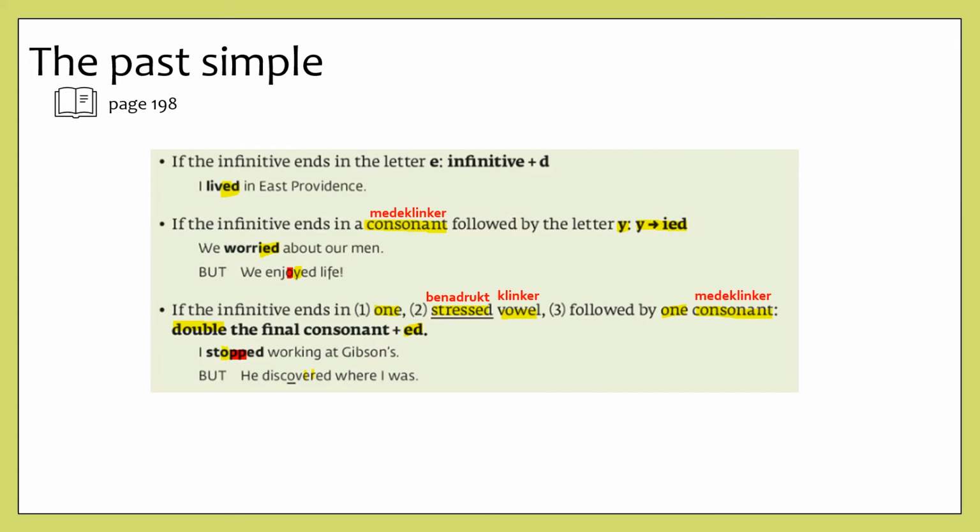Mijn nadruk, zoals hier aangegeven wordt door het streepje, ligt op mijn O. Vandaar, het ligt niet op mijn laatste klinker voor mijn medeklinker. Ja, dus ik moet hier niet gaan verdubbelen.